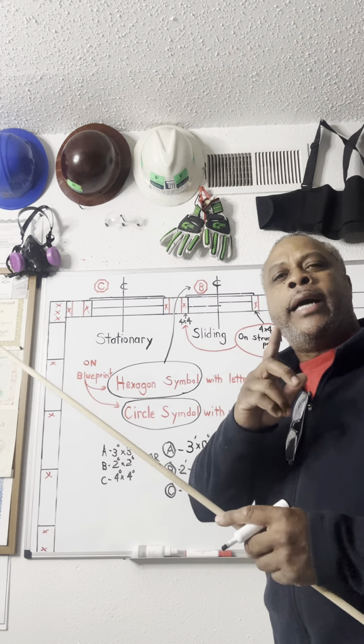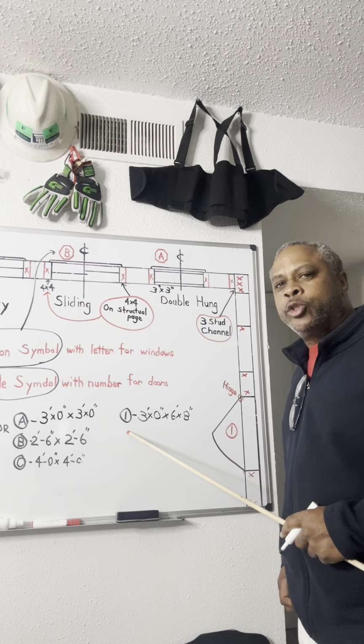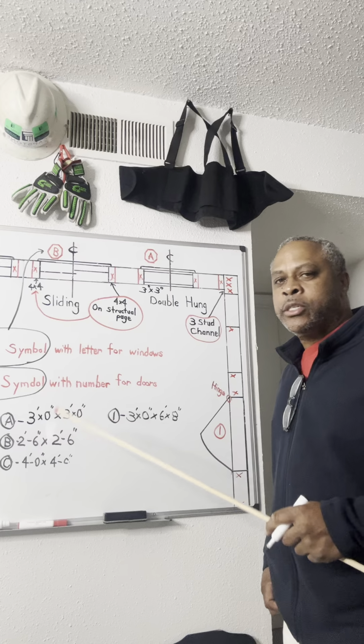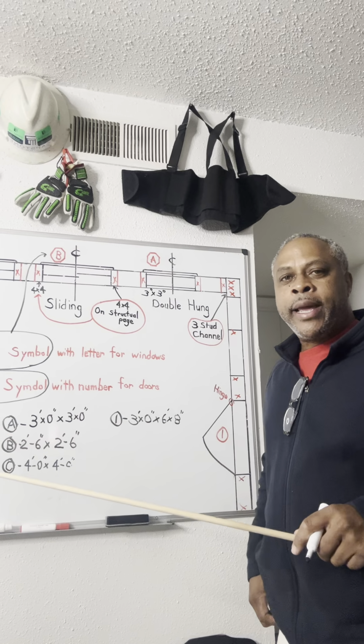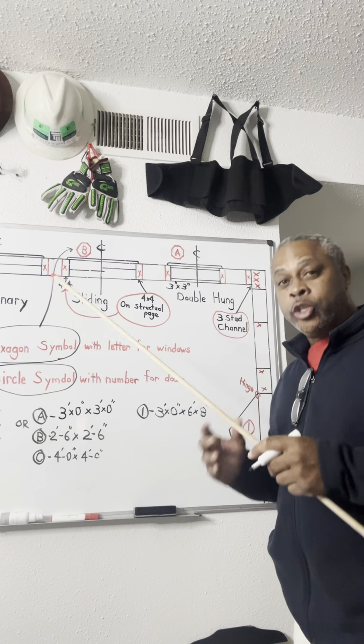Okay? So, identifying a door. It's a number circled straight around. A number with a circle in it: 1, 2, 3, 4, 5, 6, 7. You see that on the plans at the front of the door, and if it's numbered, it's a doorway.